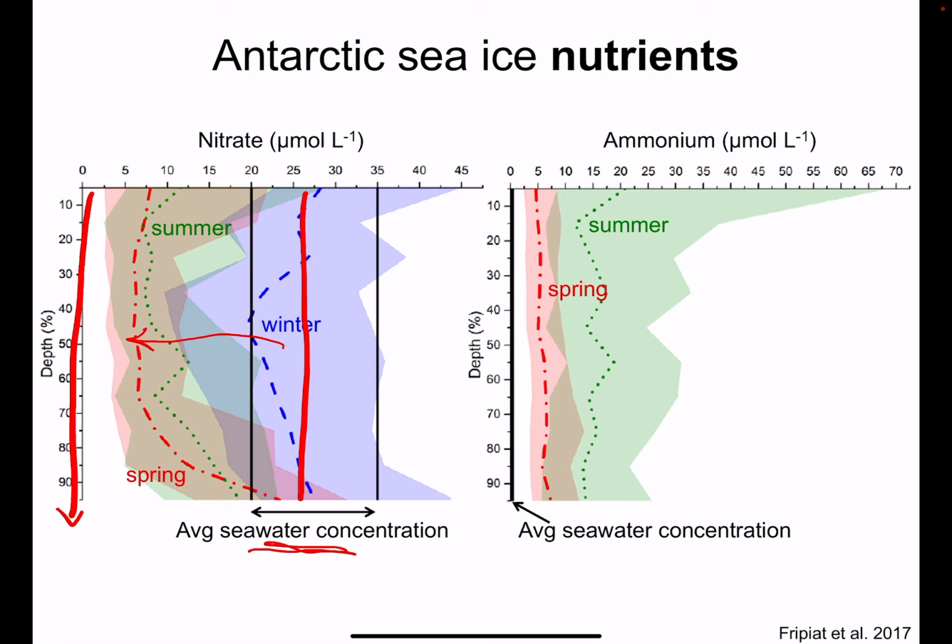And then by the time you get to the summer, you see that you've actually produced some amount of nitrate, because what happens is that you start to set up a full-on nitrogen cycle inside the ice. So the algae consume nitrate, they generate a large amount of biomass, you start to get bacteria breaking down that biomass, remineralizing it, nitrification starts to happen, and so you end up with producing more nitrate than you're consuming.